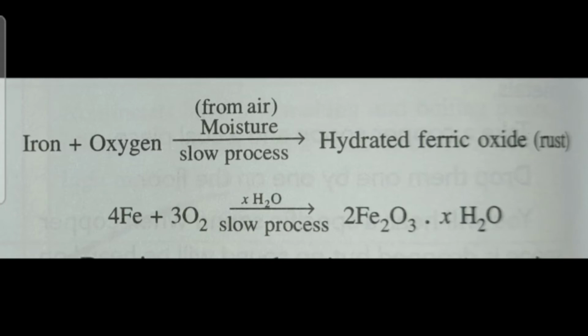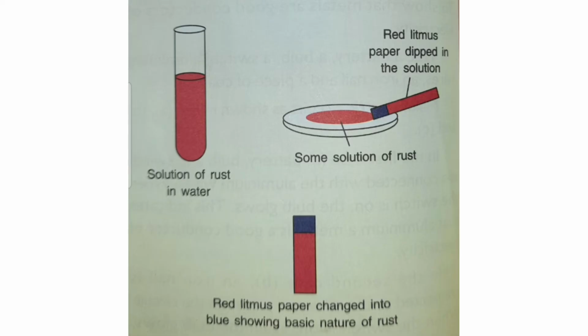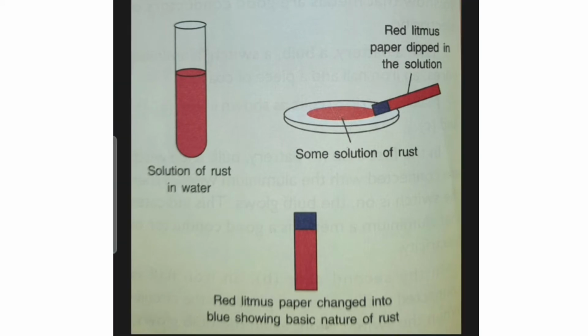So let's check out one activity to show the basic nature of rust. Here, take some rust from the surface of a rusted iron nail and crush it into powder. Take this powder in a test tube like that, add some water and shake it to make a solution.